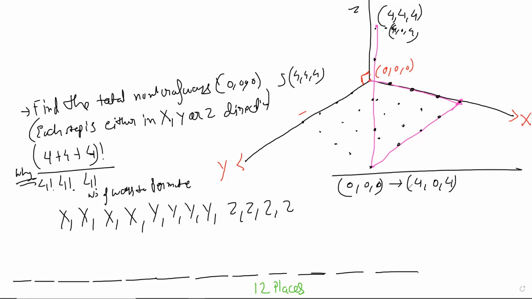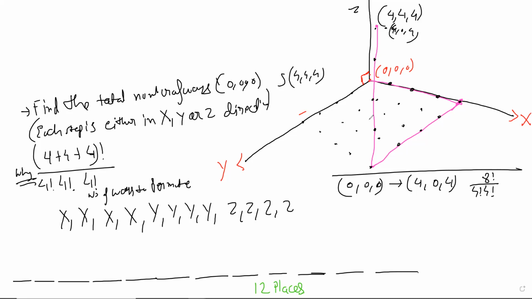Yes, this will be 8 factorial divided by 4 factorial times 4 factorial, because it's just two kinds. But then what do you do with all of them? You can't add them, right? Because usually the paths will be very complicated. They will not go to 4, 0, 4 or 4, 4, 0 and so on.